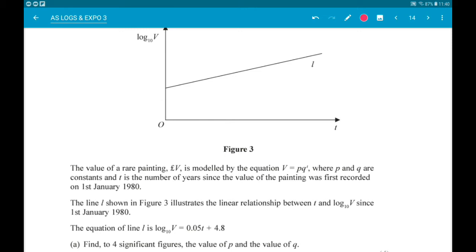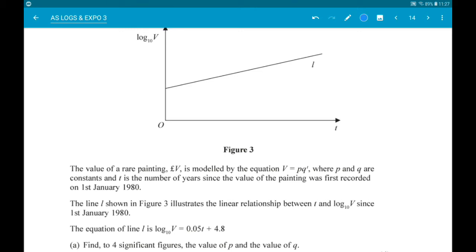The line L illustrates the linear relationship between T and log 10 of V since the 1st of January 1980. The equation of line L is log 10 V equals 0.05 T plus 4.8. Part A. Find to 4 sig figs the values of P and Q.